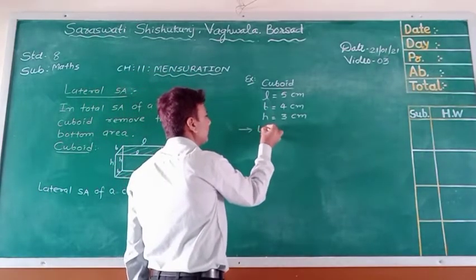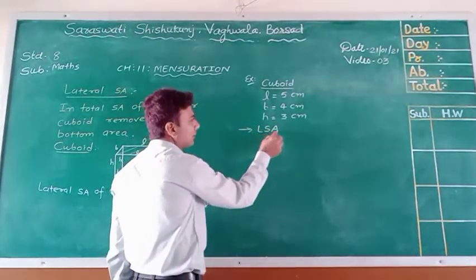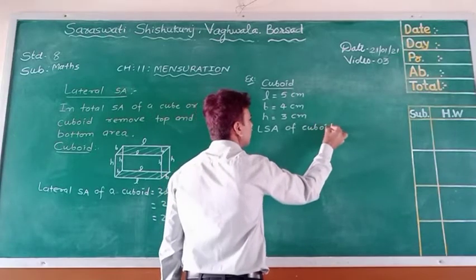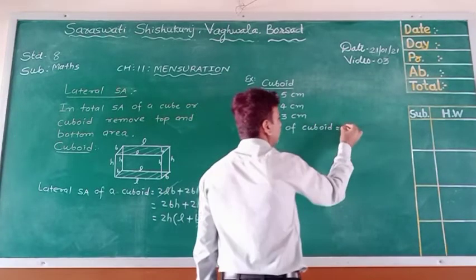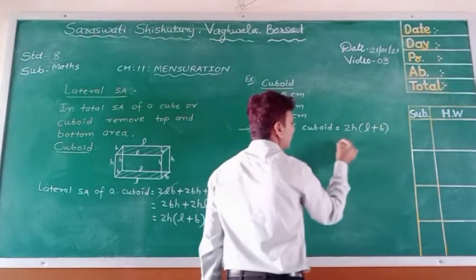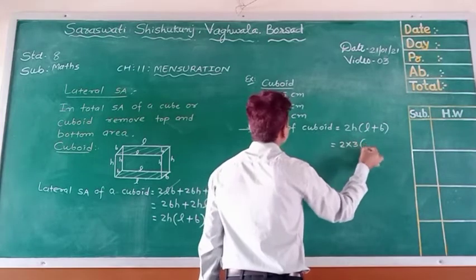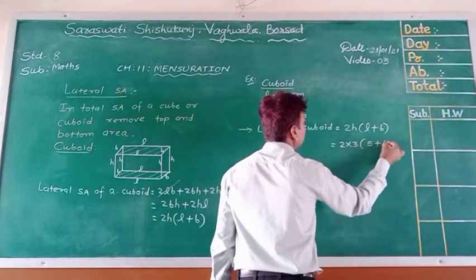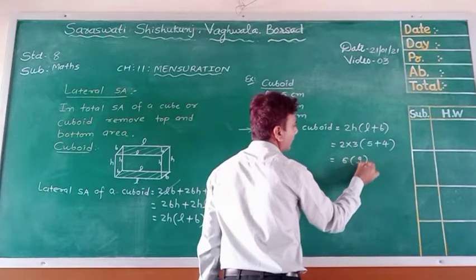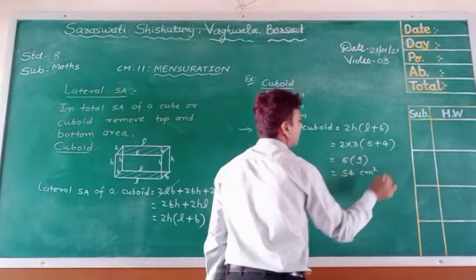Lateral surface area, LSA, of cuboid equal to 2H in bracket L plus B. 2H, H is 3, length is 5, breadth is 4. 3 twos are 6, 5 plus 4 is 9, 6 nines are 54 centimeter square.